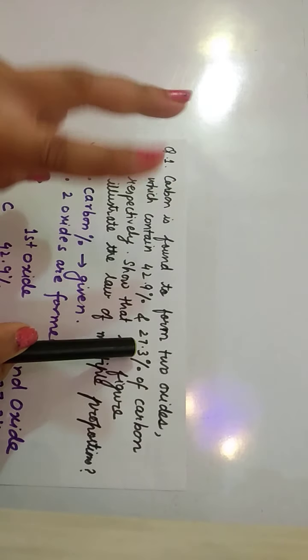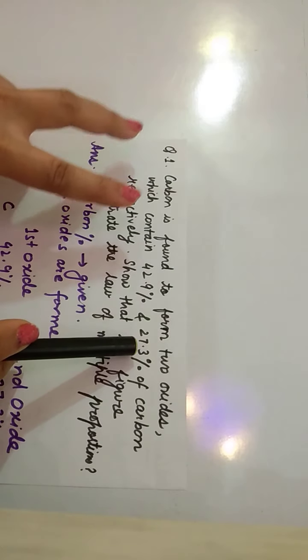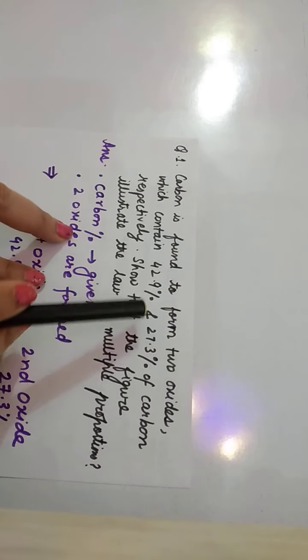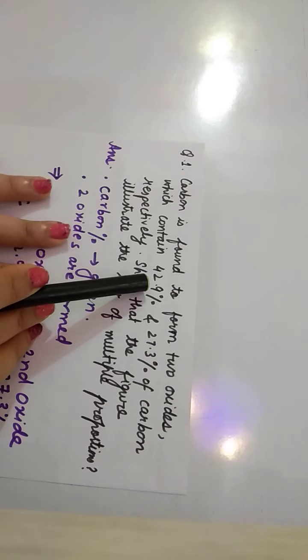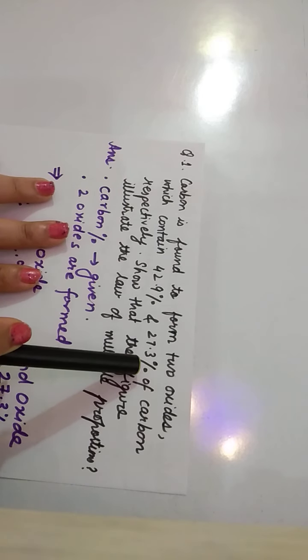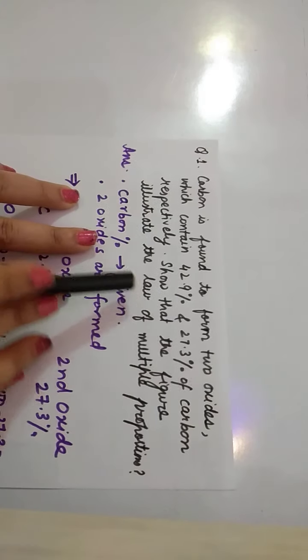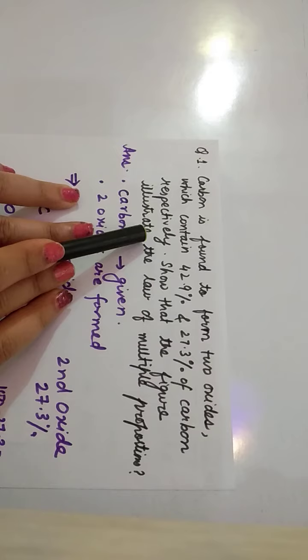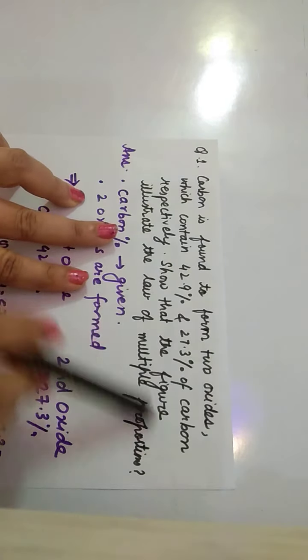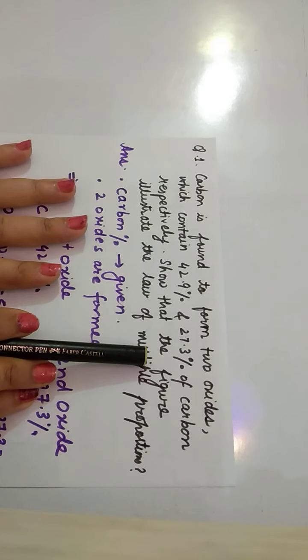So there are two oxides formed by carbon, and the percentage of carbon in both oxides is given. In the first oxide, the percentage of carbon is 42.9%, and in the second oxide the percentage of carbon is 27.3%. With the help of this data, you need to show whether this illustrates the law of multiple proportions or not.